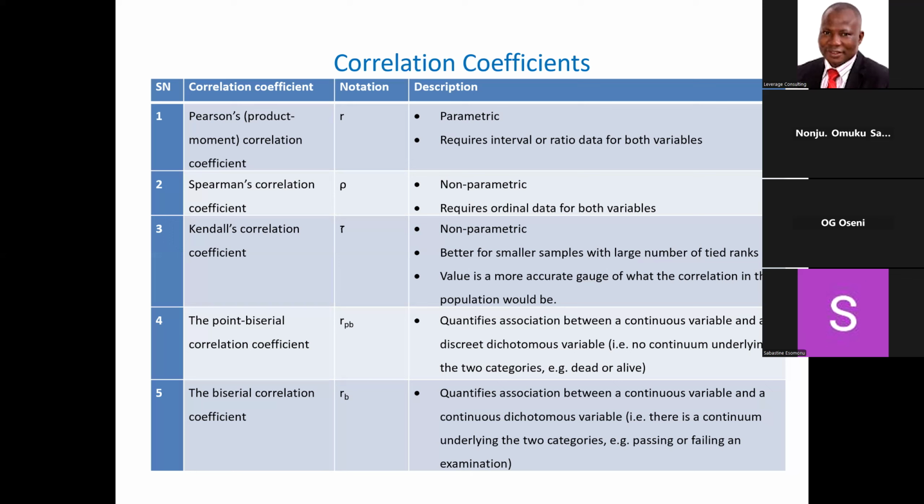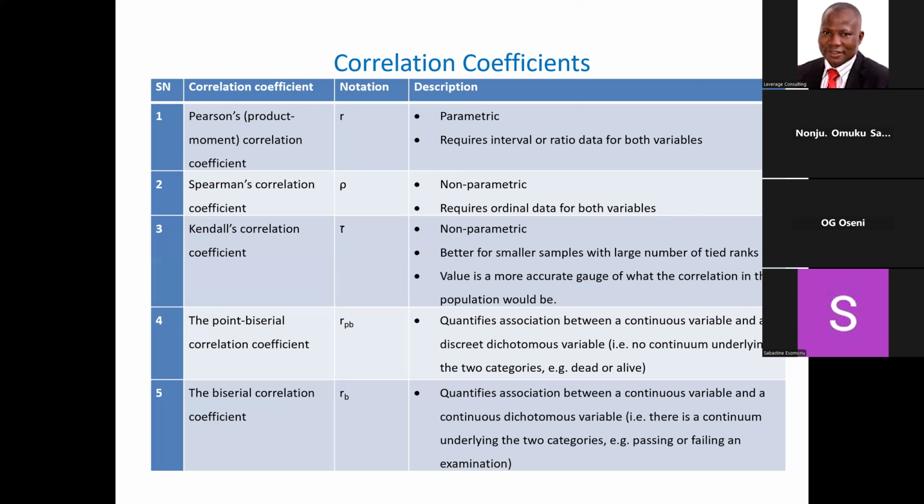Out of the two options, dead or alive, you code one as 1 and the other as 0. That's why you correlate it with that continuous variable. For this other one, the continuous dichotomous variable, of course, when you have set the cutoff, you see the correlation between, for example, age and diabetes.